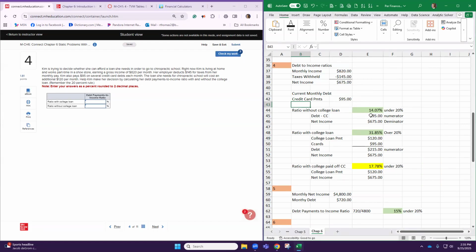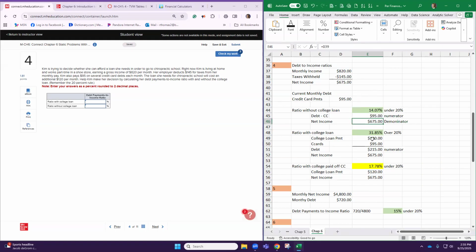So before she decides whether or not to accept a loan to chiropractic school, let's see what her debt to income ratio is first. So she's got $95 in debt a month.